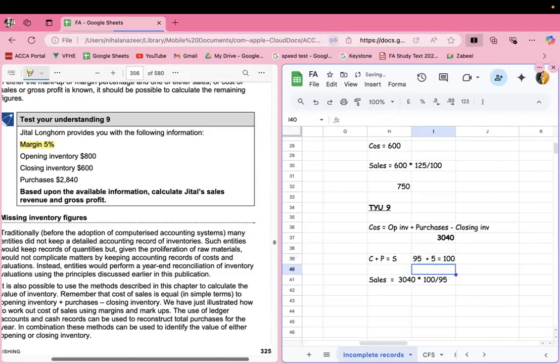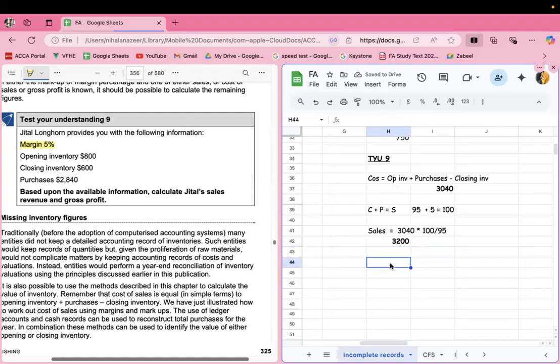Understood? Okay. Now, sales is equal to how much? 3200. Clear? Now you're going to prepare the SOPL extract. So under SOPL, you have the sales equal to this one, right?